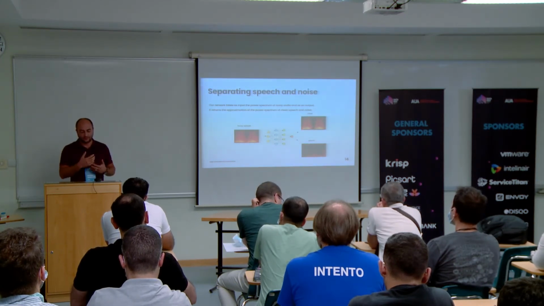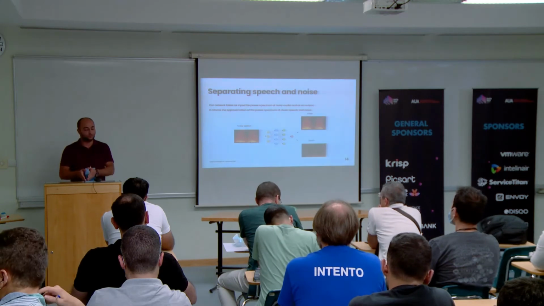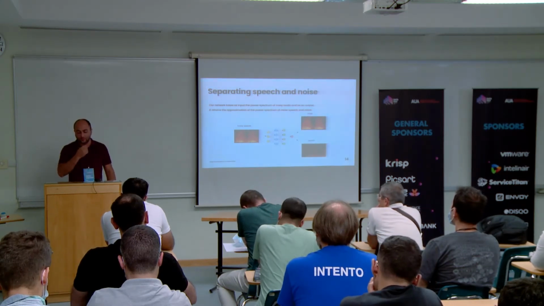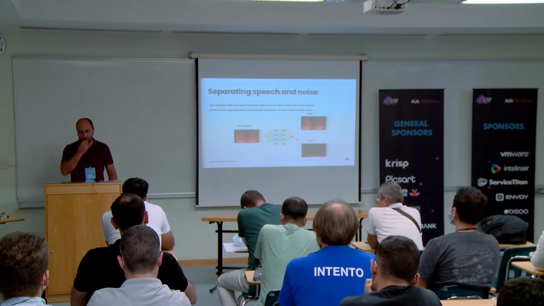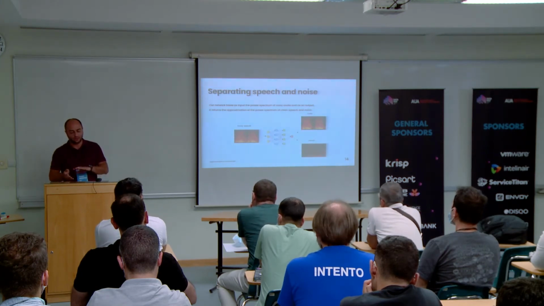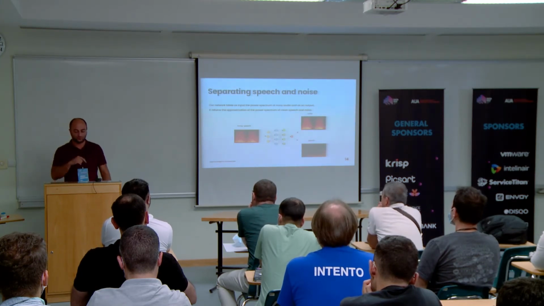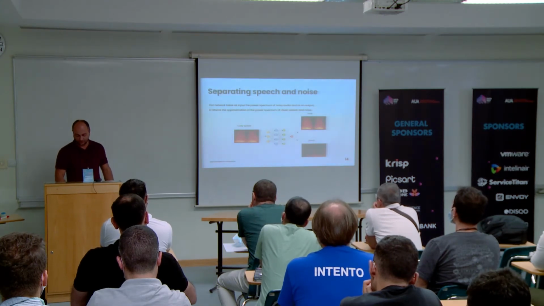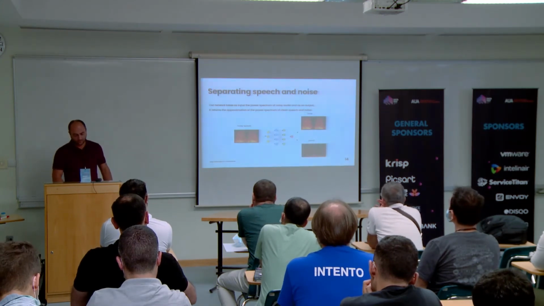We take a noisy speech spectrogram, give it to the input of our neural network, and in the output we get the approximation of speech and noise spectrograms. Then, applying post-processing techniques, we go from frequency domain to time domain and eventually obtain the cleaned version of the speech waveform.